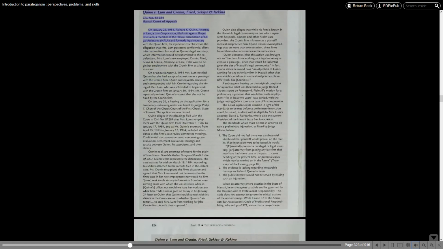Quinn v. Lum, and Cronin, Fried, Sekiya & Kekina, Civil No. 81284, Hawaii Court of Appeals.